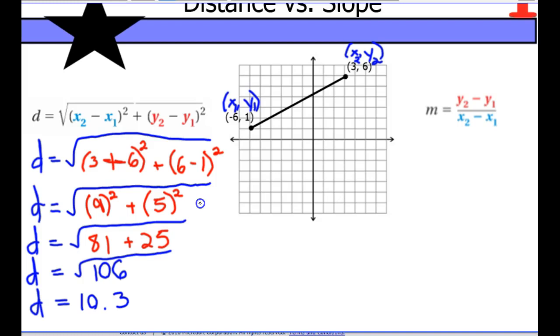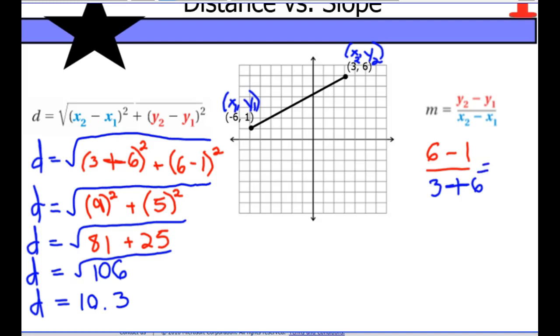Now if we put the same thing into our slope equation, we again have to look at what our y2 is. We said our y2 is 6. y2 minus y1, our y1 is 1. Then we have to look at our x2 minus x1. x2 is 3 minus negative 6, and two negatives make a positive.